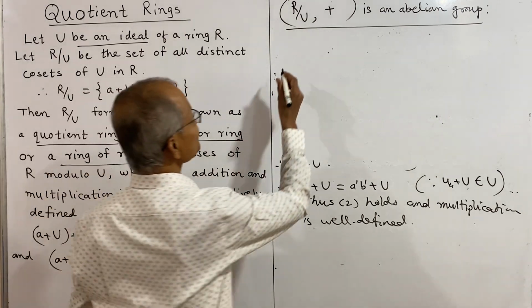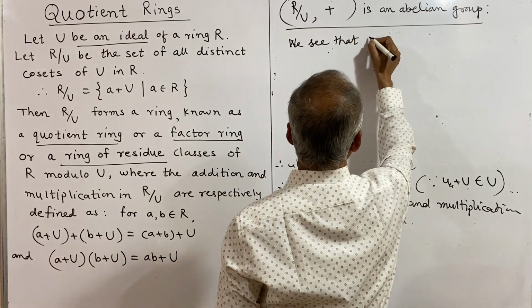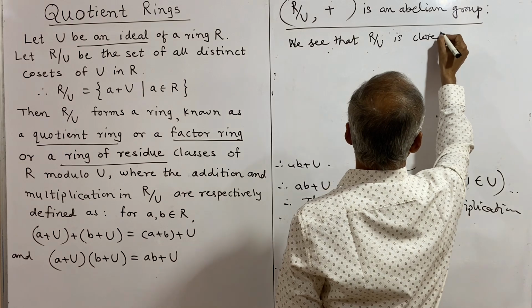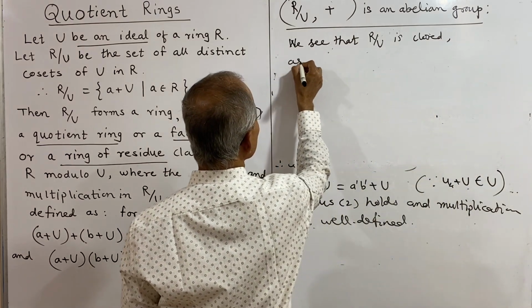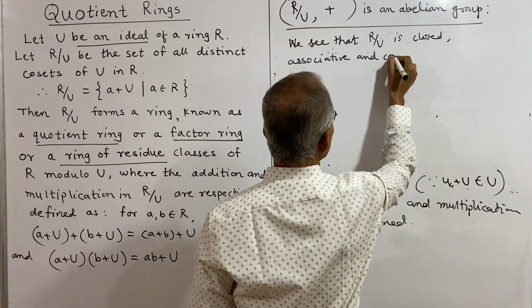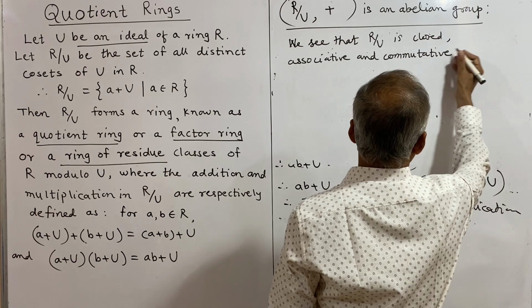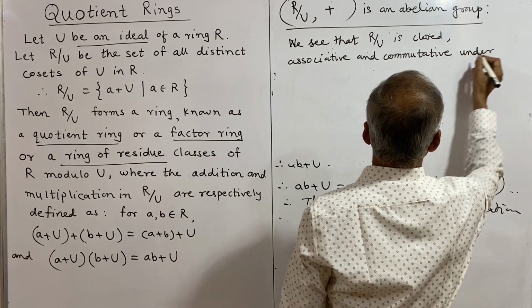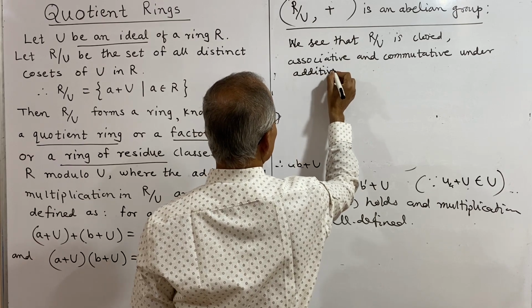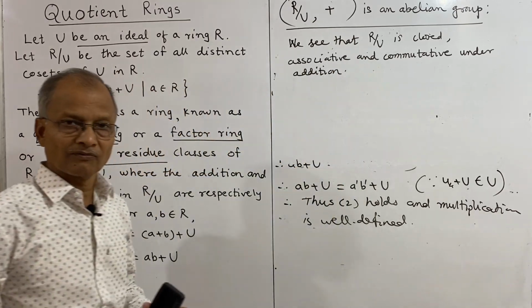We see that the closure property holds, R by U is closed, associative and commutative under addition, which can be easily verified.